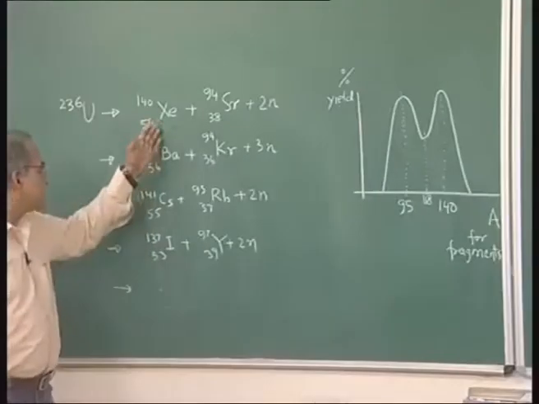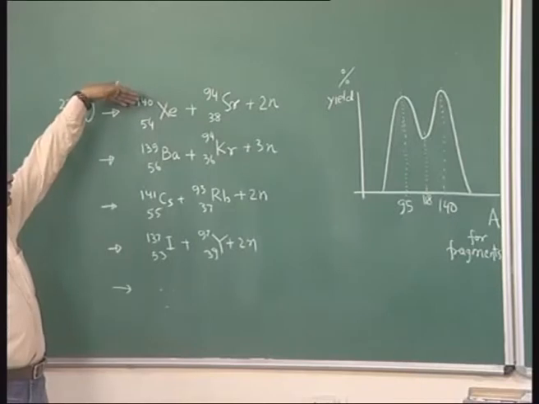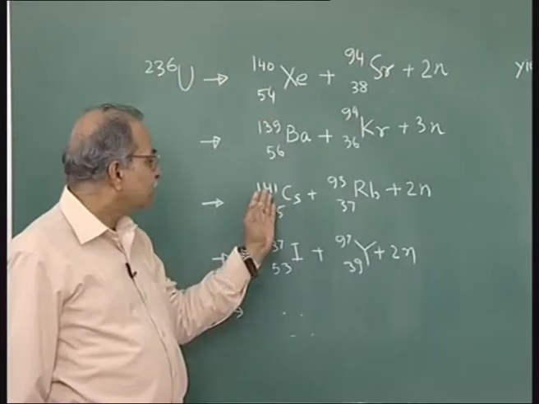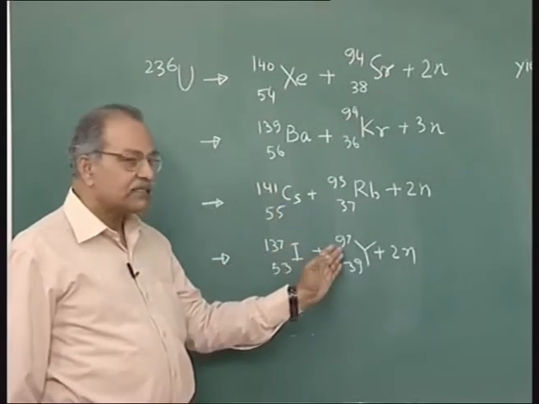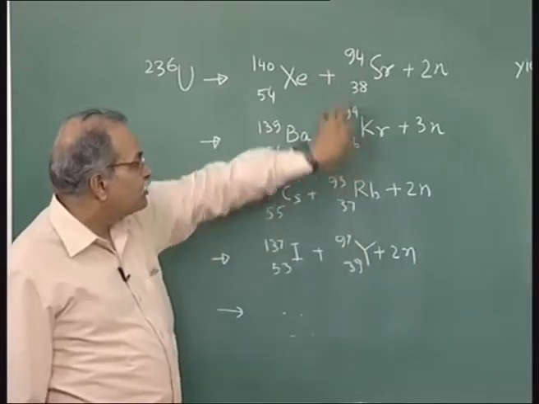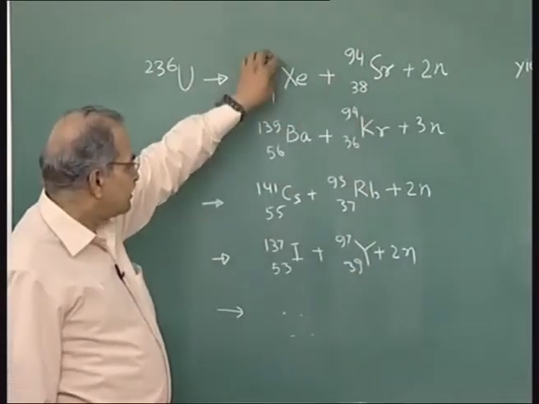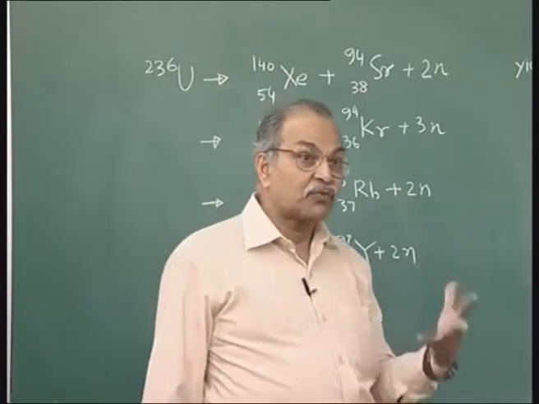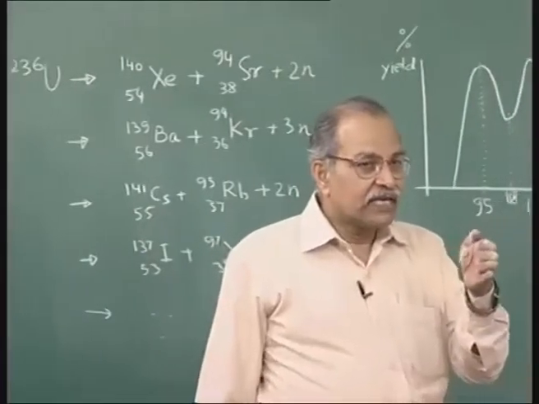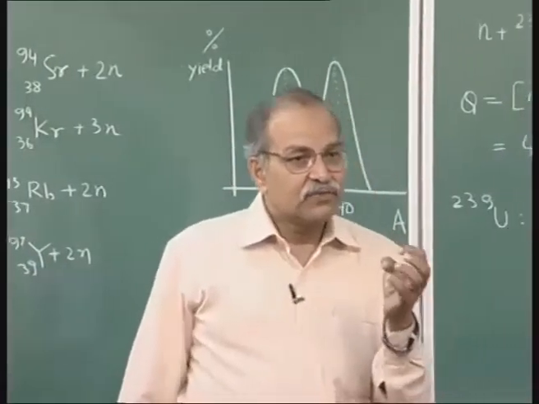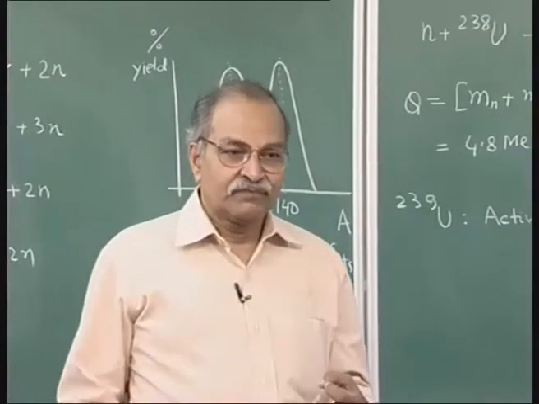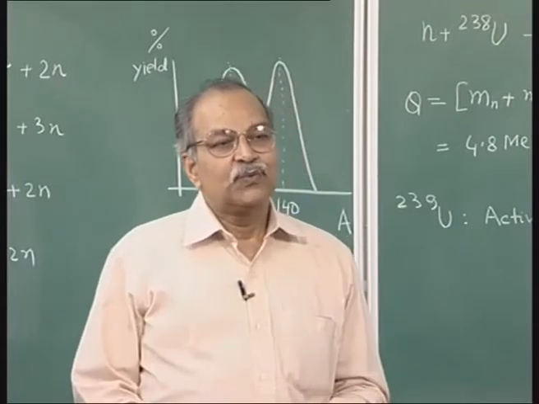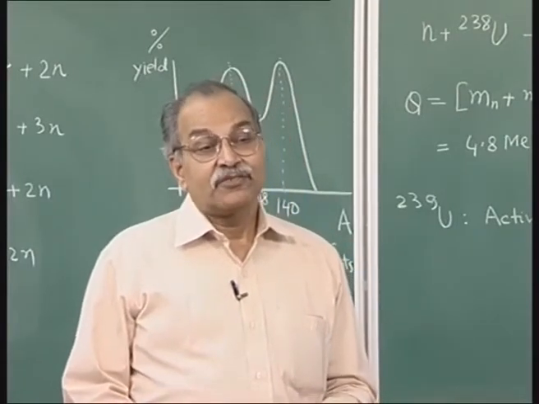The reactions that we have written here, you can see that this is 140 and 94, 139 and 94, 140, 93, 137, 97, and so on. So, one fragment is around 95 and another fragment is around 140. Those reactions are much more probable than the reaction in which the original nucleus splits in two equal parts.